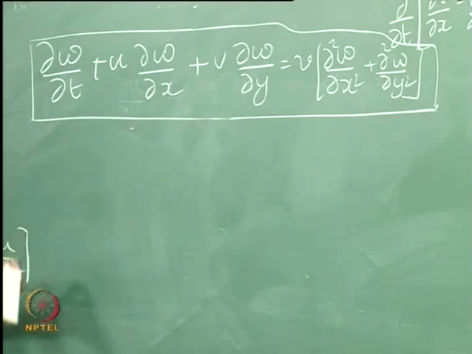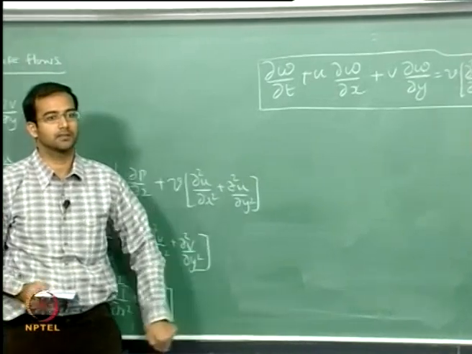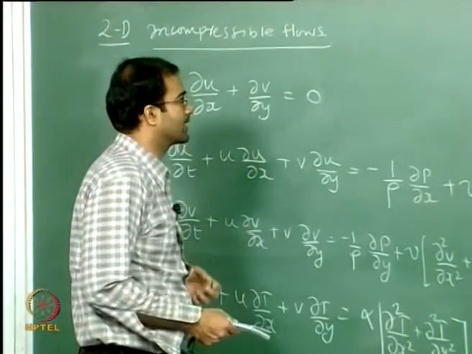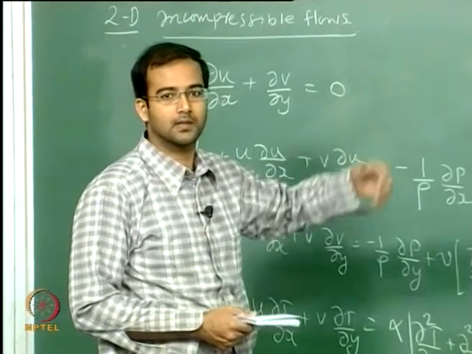So have you derived this before earlier in incompressible flows? Vorticity, okay. So this is an important equation, and it simplifies because now your pressure terms are not appearing anymore.